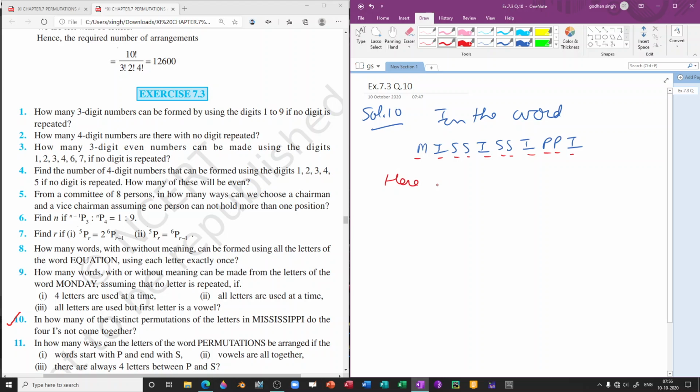So here n is equal to 11, though all are not distinct, and in this we'll see which letters are being repeated. So M is not being repeated, I is coming how many times? 3 times. Then S is coming 4 times.